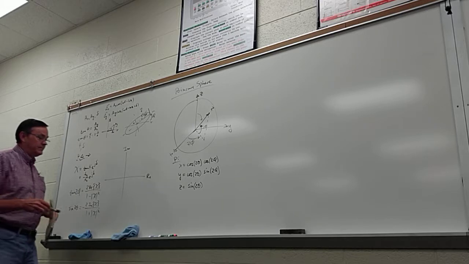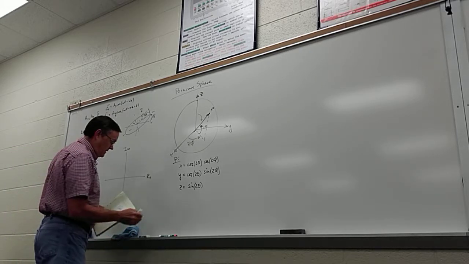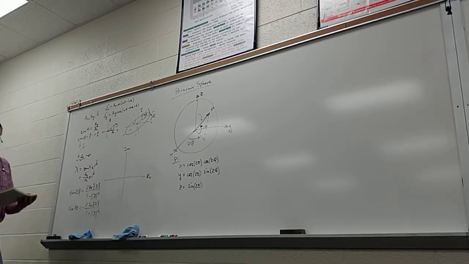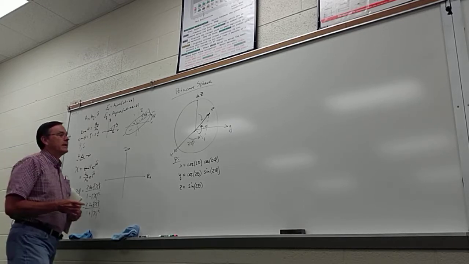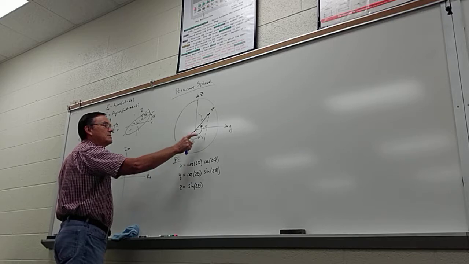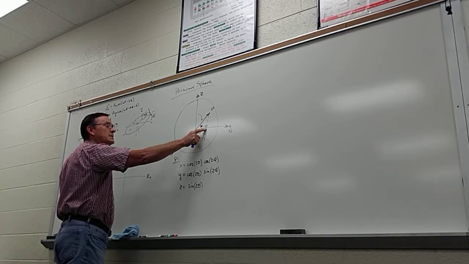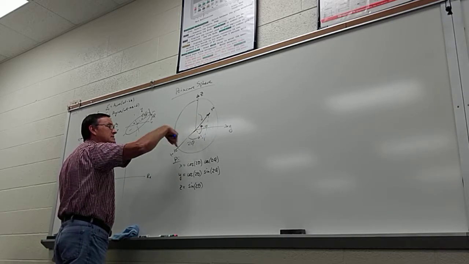Now, let's think about what a point on the Poincare sphere means. We have the orientation angle and the ellipticity angle, and this is the unit sphere.